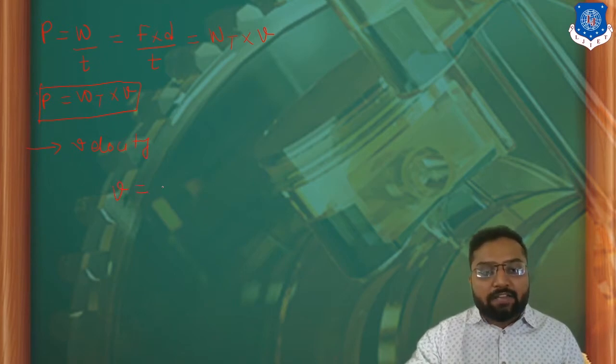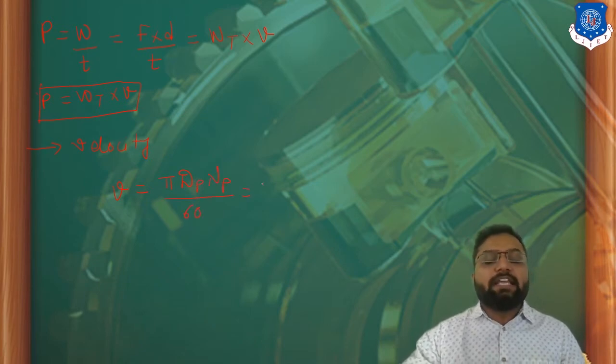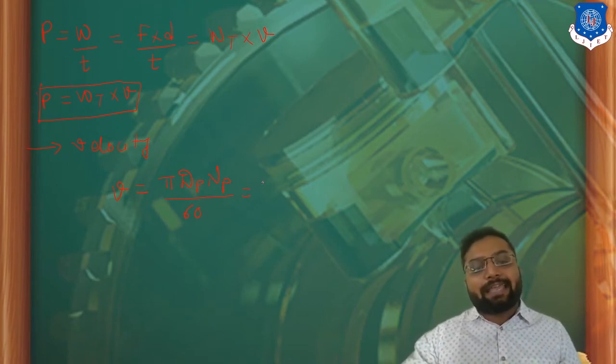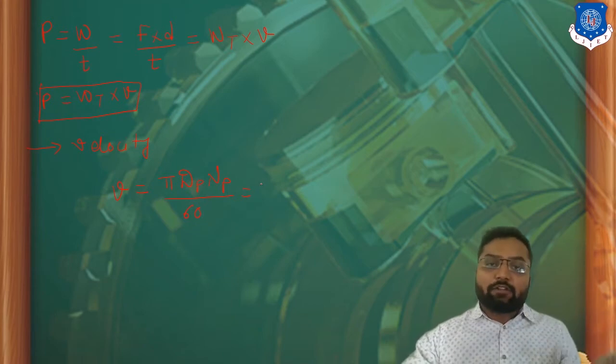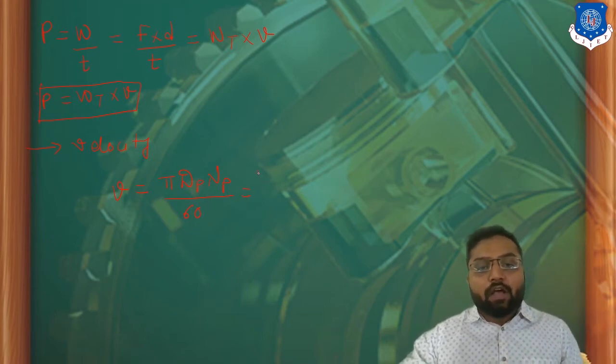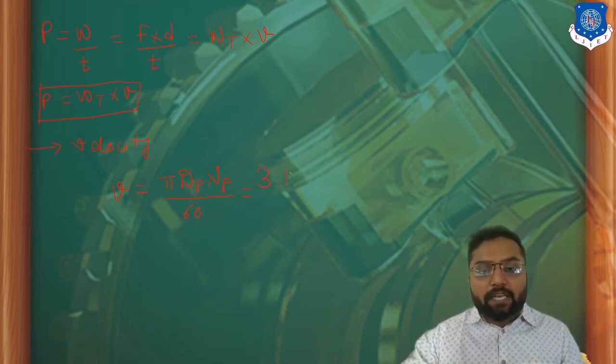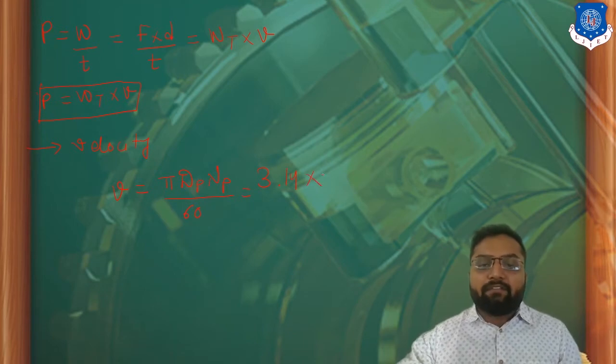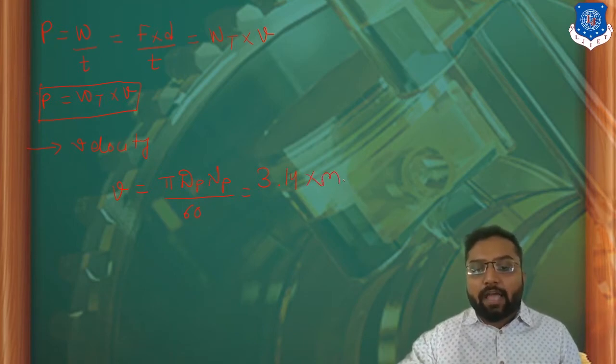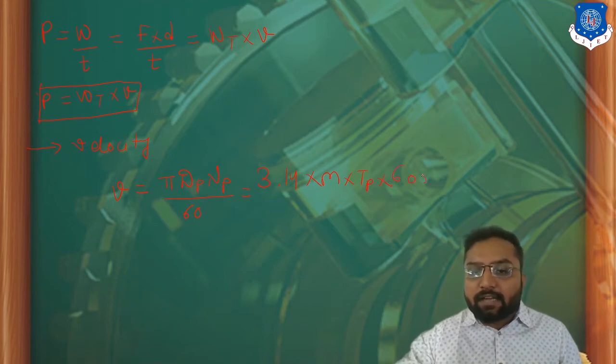Velocity v is equal to pi dp np divided by 60. This linear velocity is going to be the same if I take pi dg, or you can say the velocity of the gear and the velocity of the pinion are going to be the same. So the value of pi is 3.14. We don't have dp, so it is m into tp into np, which is 600 divided by 60.